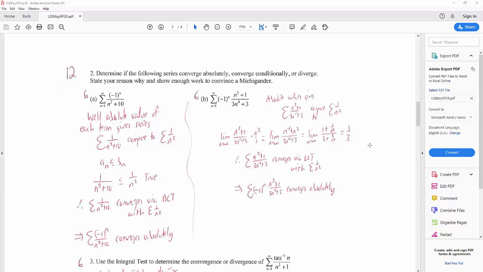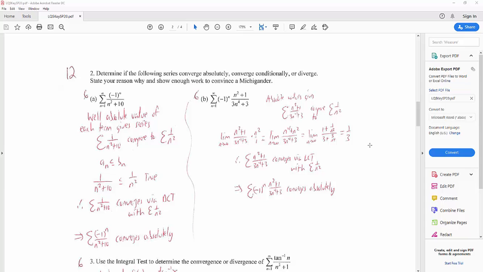So that tells me the series 1 over n squared plus 10 converges via the direct comparison test with the series 1 over n squared. And if I know the series 1 over n squared plus 10 converges, which was the absolute value of each term of my original given series, then I know the original given series converges absolutely.